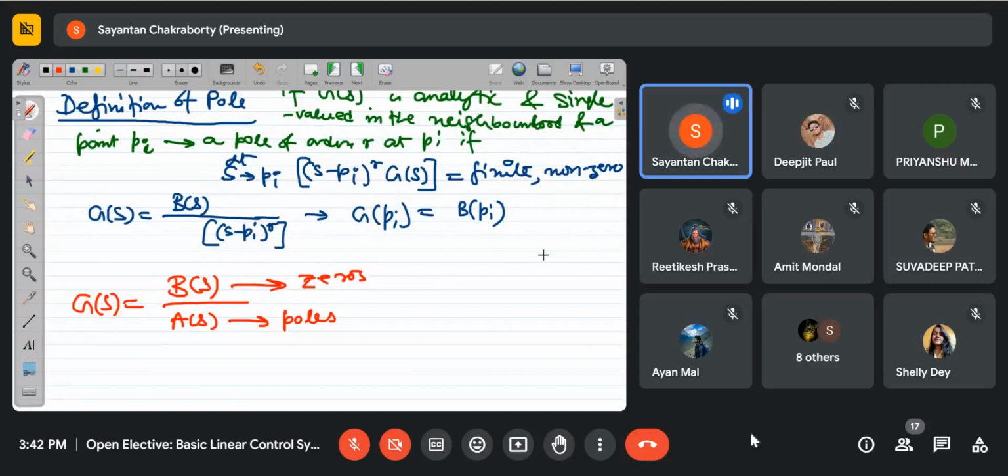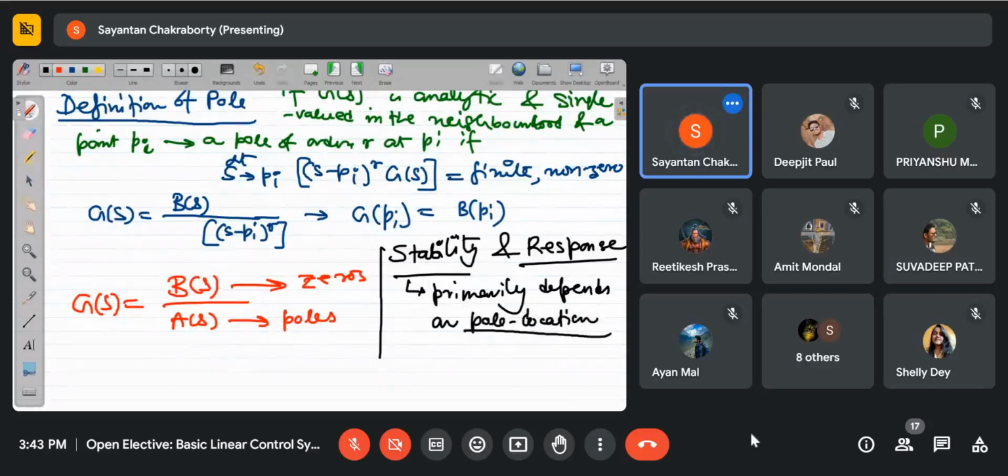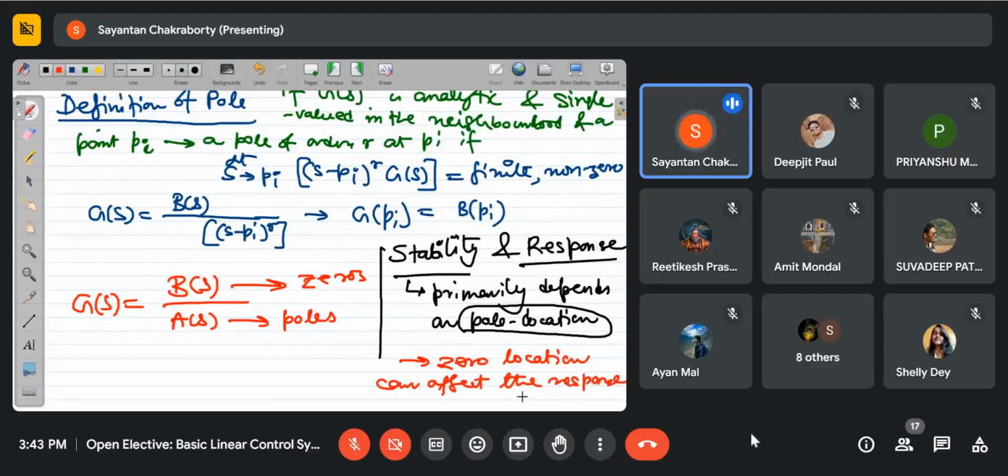Now, why is this concept of poles and zeros important? Because, as some of you may be aware, stability and the nature of the response primarily depend on pole location, and zero location can affect the response only.